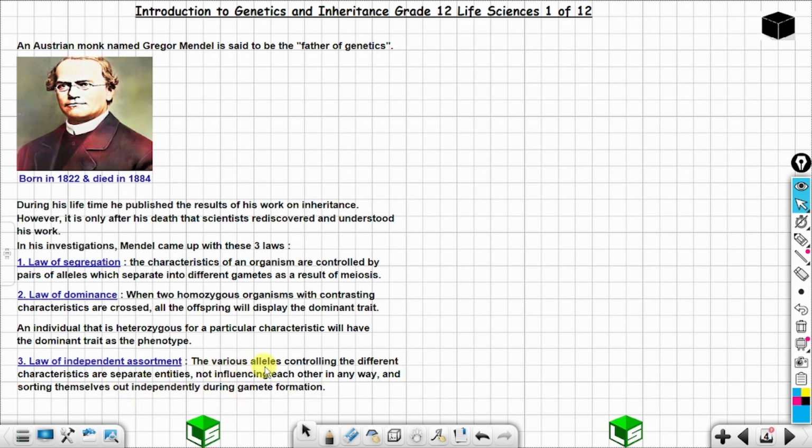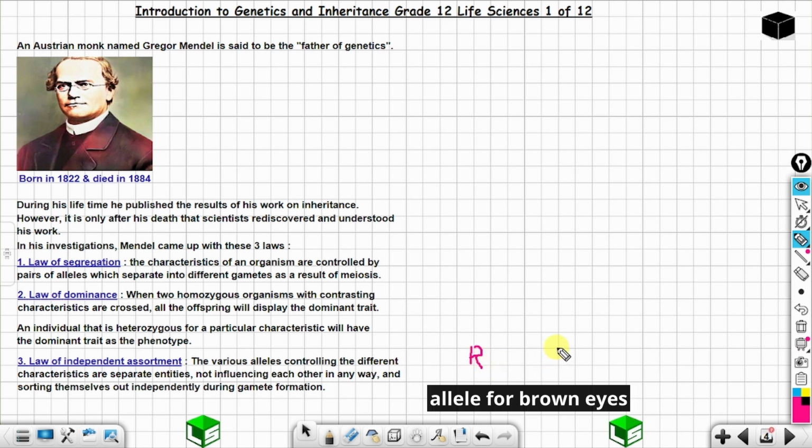The various alleles. So what is meant by this? An allele, for example, an allele for red, A, and an allele for brown eyes, they cannot influence each other. Like you end up having red eyes because of the allele for red, A.